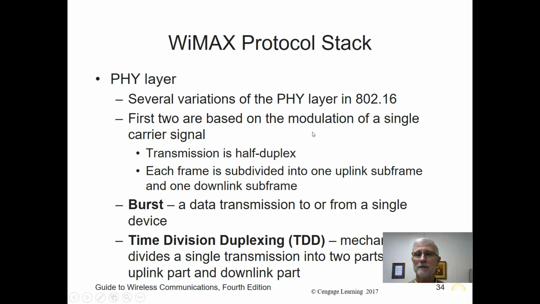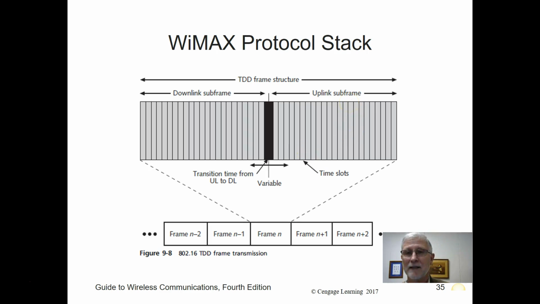So your physical layer has different variations. Transmission is half duplex. Each frame is subdivided into an uplink subframe and a downlink subframe. You may see the term burst, which is just sending a bunch of data from a single device. Time division multiplexing: I'm taking the uplink or downlink parts and dividing them by time, how much time each application gets.